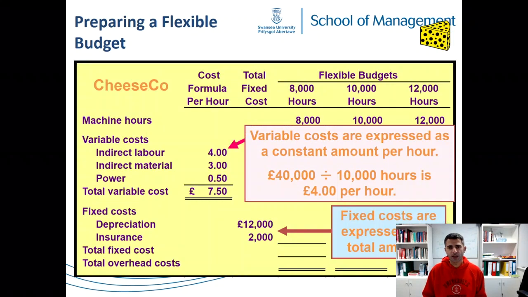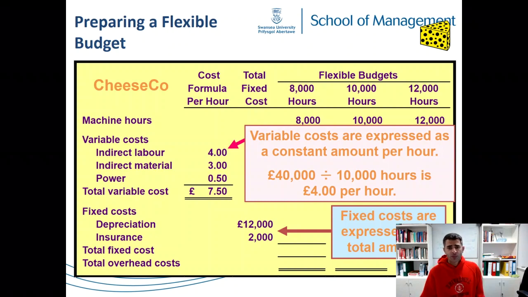Right, here we go. If you look here, this is 10,000 hours, and we have 8,000 hours, which is just a level of activities. We also have 12,000 hours. So we have 3 levels of activities, as you see here.